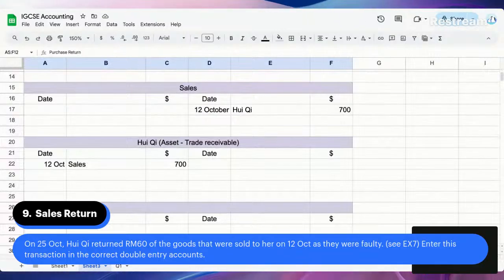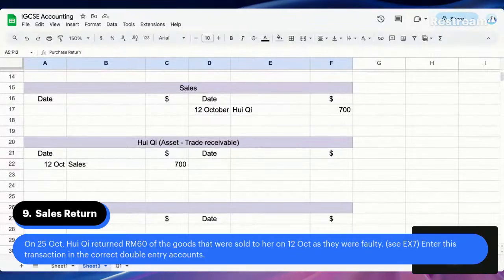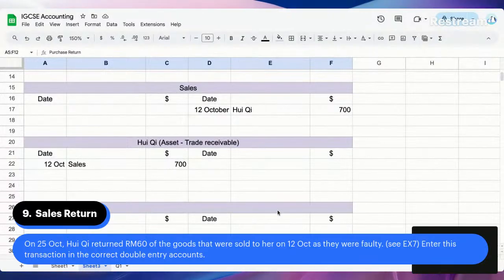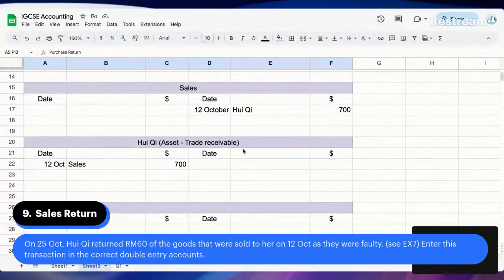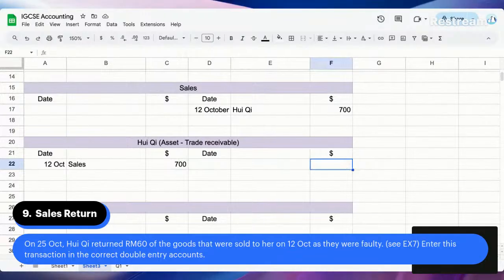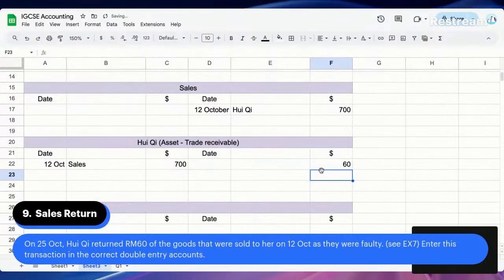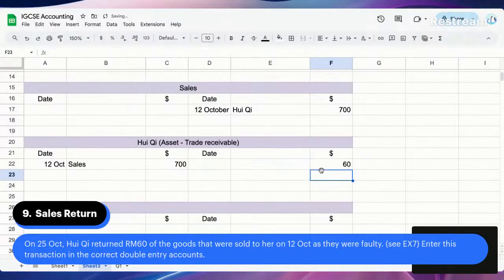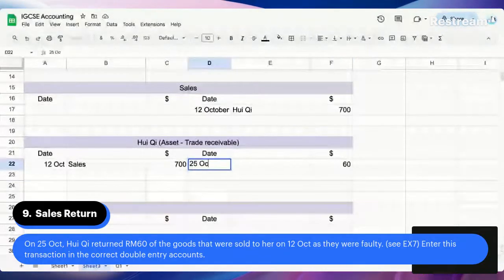Enter this into the double entry account. So for Hui Qi, earlier it was 700, and she wants to return 60 back to me. It happened on 28th of October.